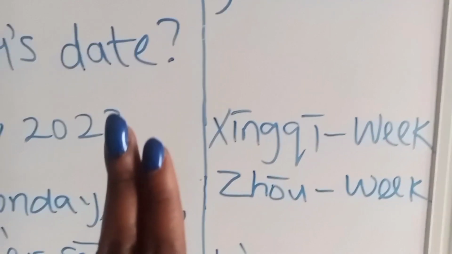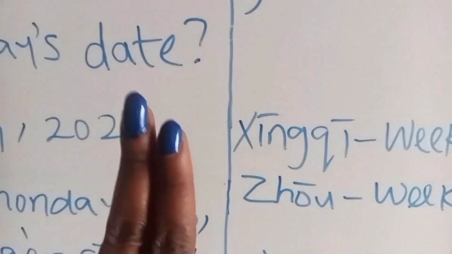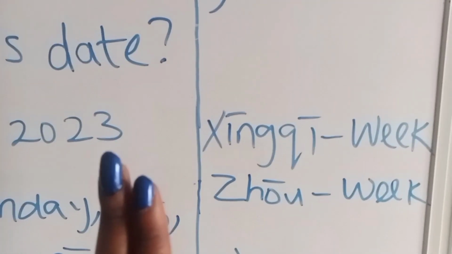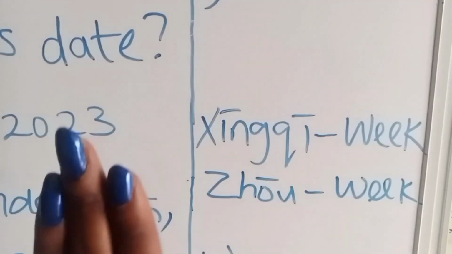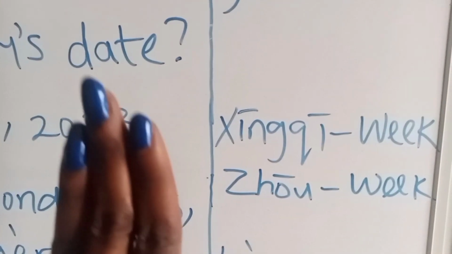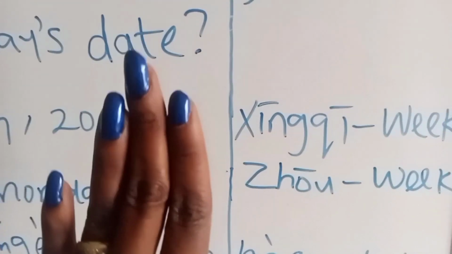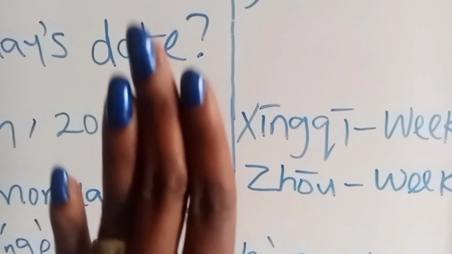So the second day of the week is Tuesday. That is xingqi er or zhou er. The third day of the week in Chinese is xingqi san or zhou san. The fourth day is Thursday, and that is xingqi si or zhou si.